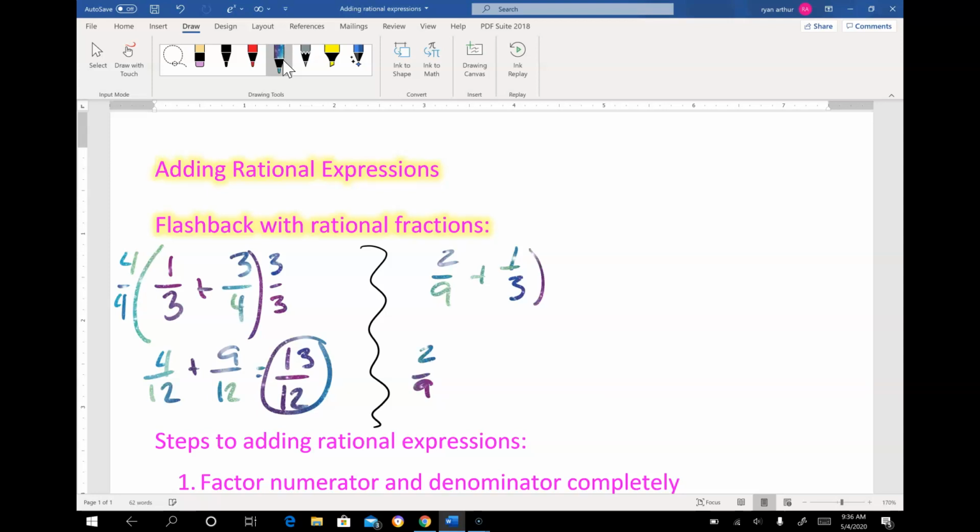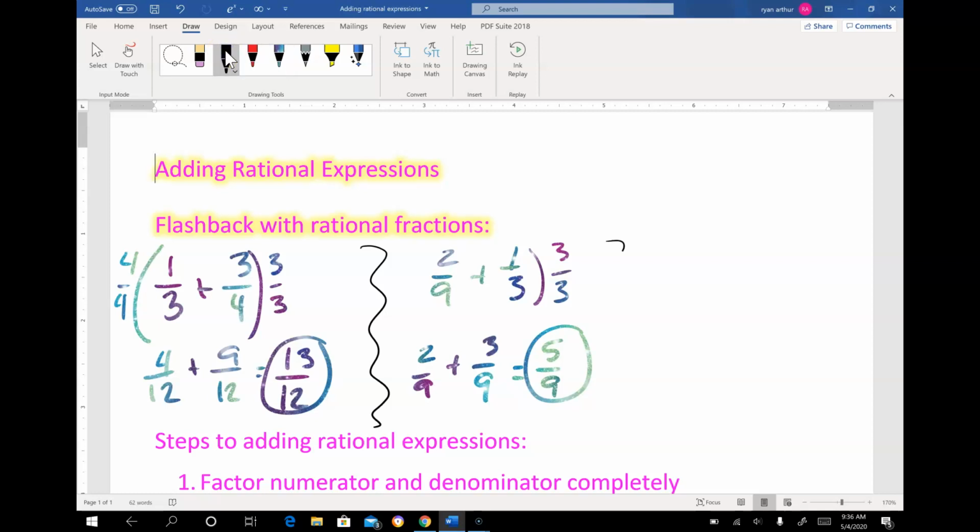And I know that 3 times 3 gives me 9, so that's going to be 3 over 9. Now they have a common denominator, and I have 5 over 9. So sometimes you don't have to change both sides. You just have to change one side. Really you're just multiplying it by a piece that it's missing to make it look like each other.